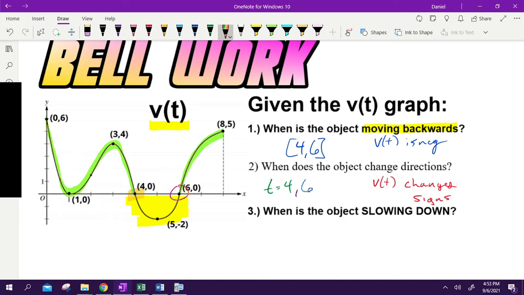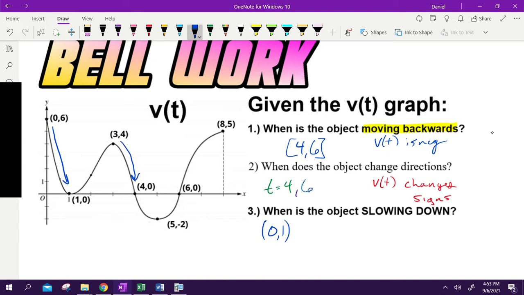When is the object slowing down? We talked about this on Friday. Again, this one's a little bit weird, but the best way to think about it is your velocity getting closer to 0 or further away from 0. That's more of the understanding than anything else. If we are getting closer to 0, like right there from 0 to 1, I'm slowing down.